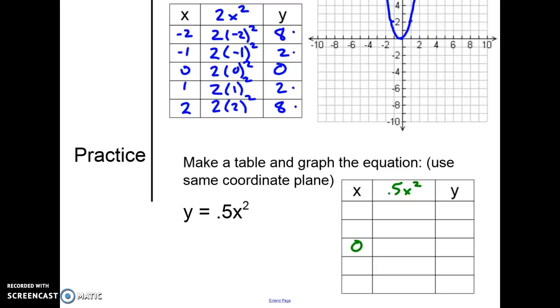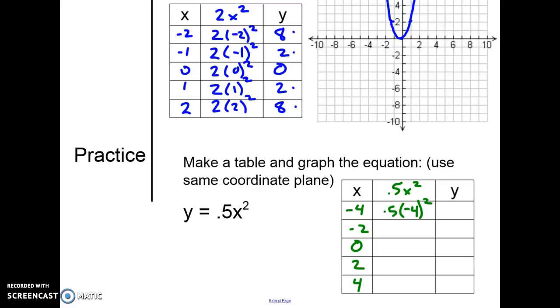So what I would do is I would plug in probably a negative 4, a negative 2, 0, 2, and 4, just to kind of give us a bigger range of what we can do here. So you'll see why I did this once we plot them on the grid. So we're going to plug in -4. So we have -4 squared.